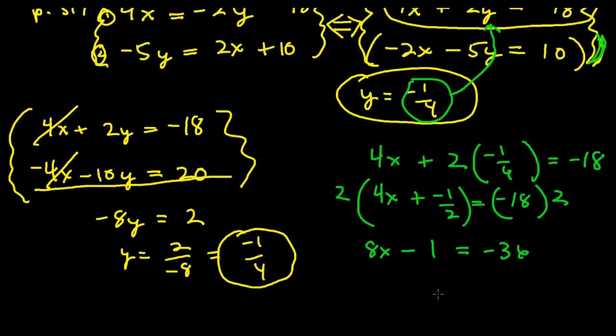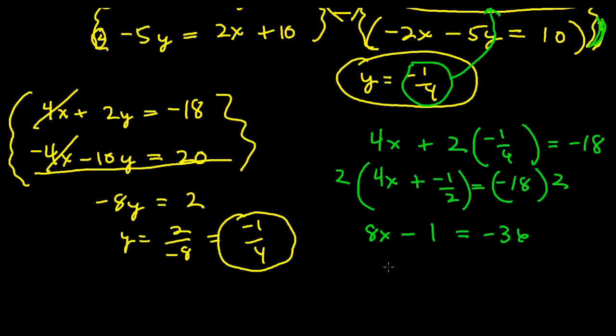Right, we're almost done here. So 8x, adding 1 to both sides, gives me minus 35. And x in our last step is minus 35/8. And that's already in simplest terms.